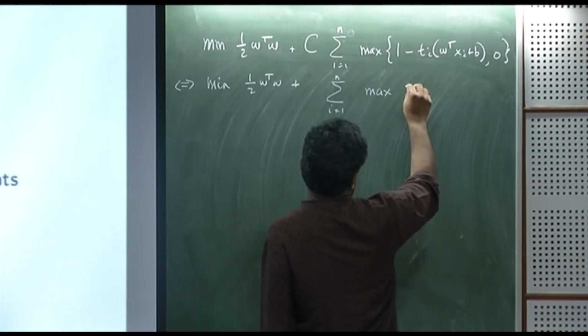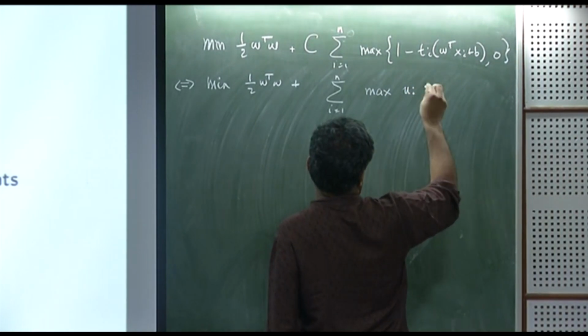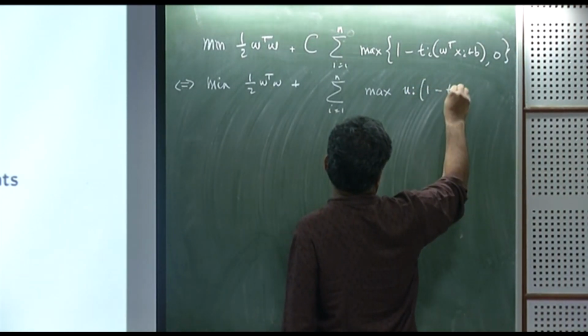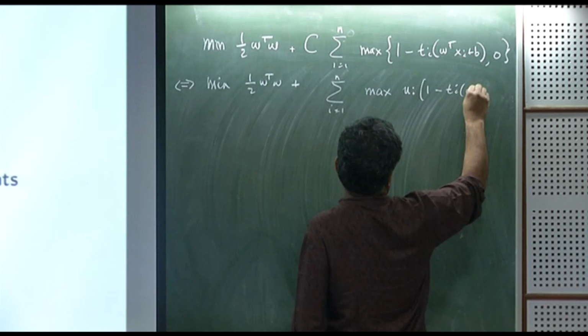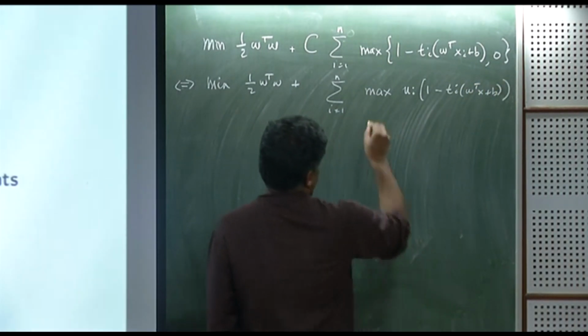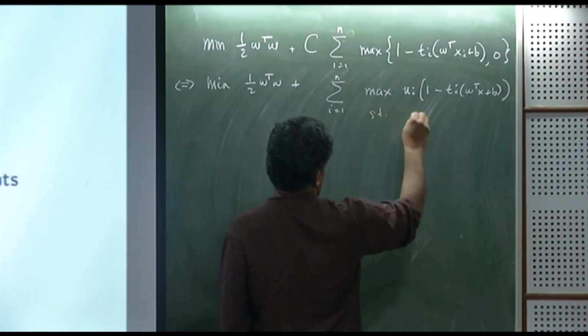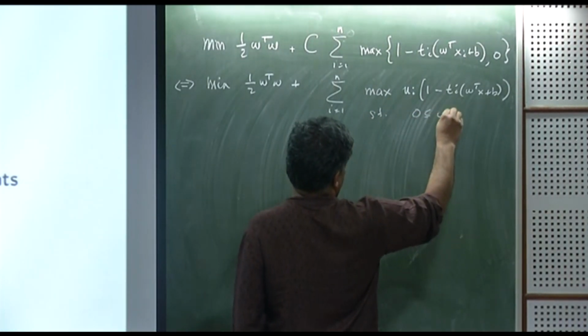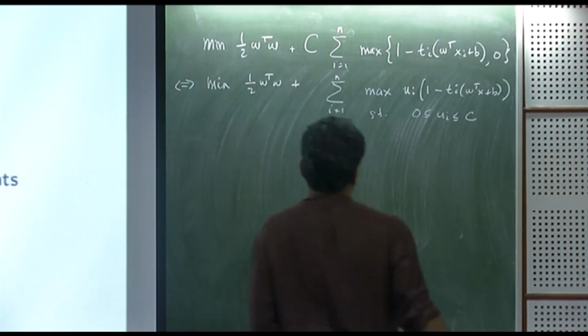The maximum over Ui of 1 minus Ti times (W transpose X plus B), such that 0 is less than or equal to Ui is less than or equal to C.